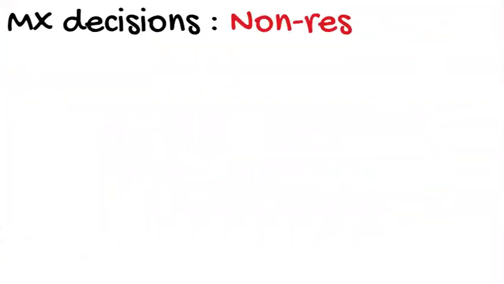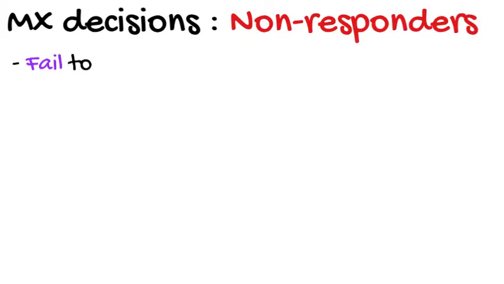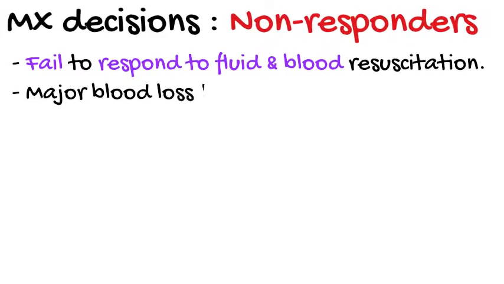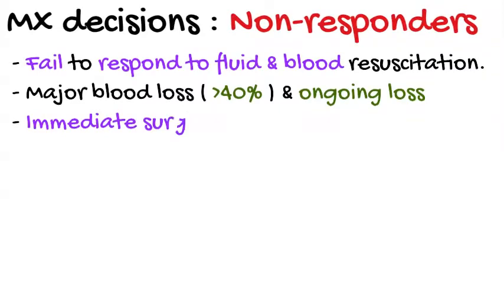For the non-responders, the patient usually fails to respond to fluid and blood resuscitation. Usually, the patients involved are the ones that have major blood loss, more than 40% of total blood volume, and still have ongoing blood loss.